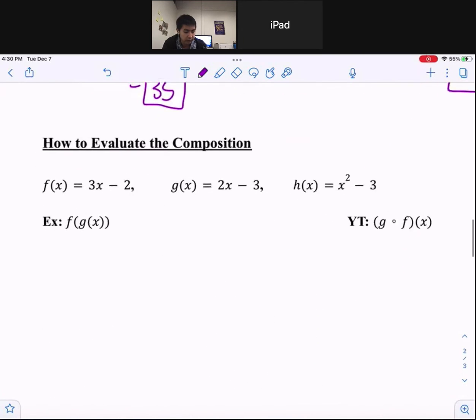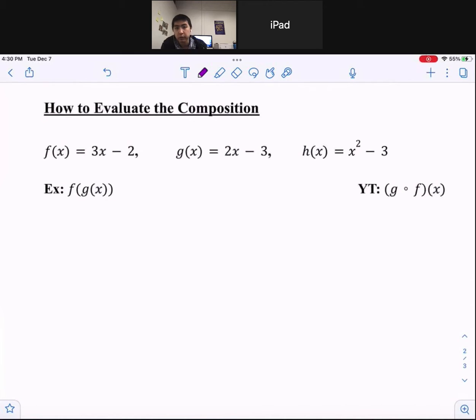Now, these last ones, you're going to be plugging in a function within a function. So when we have this, you guys, this is g of x. So plug in this for g of x: f of 2x minus 3.